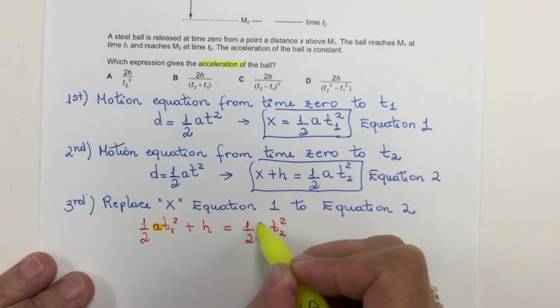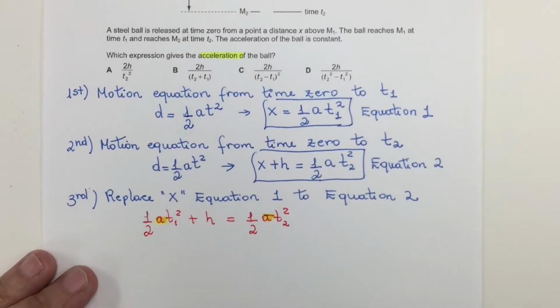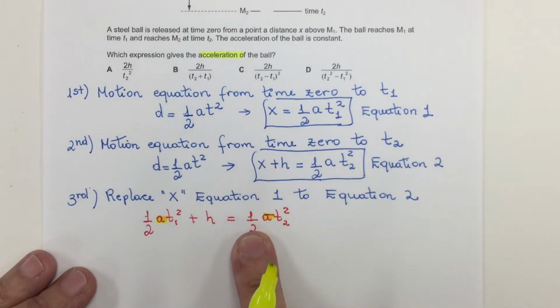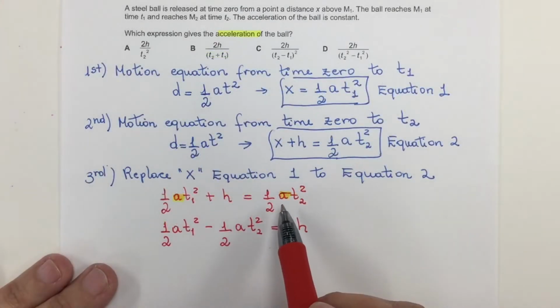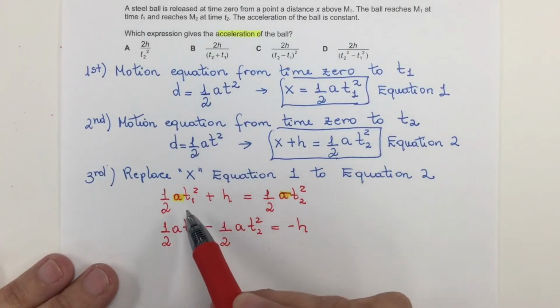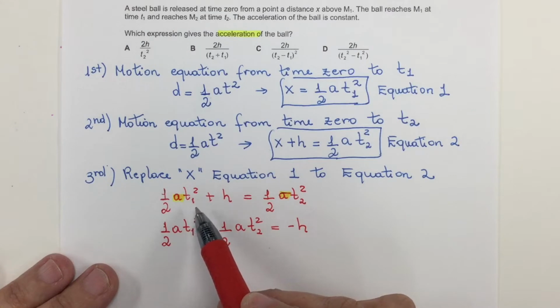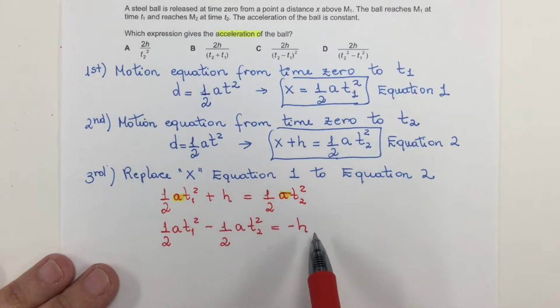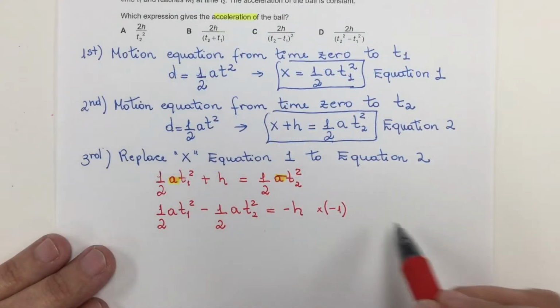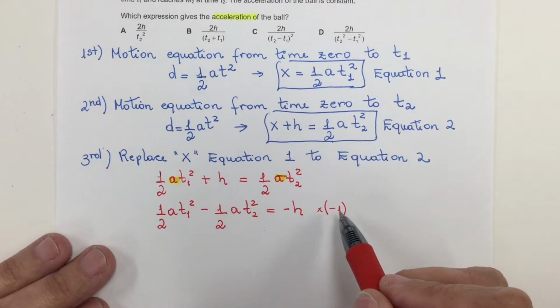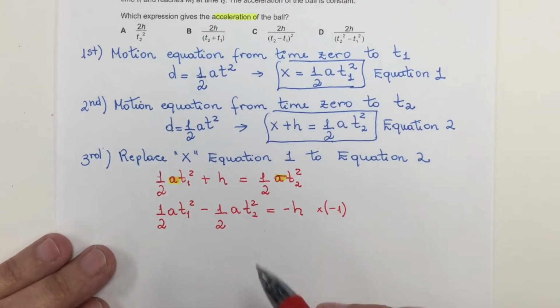So I need to rearrange this expression in terms of the acceleration. I move this term to the first side of the equation and h to the other side, so this will be negative and this becomes negative. I'm going to multiply the whole thing by -1 to change the sign.